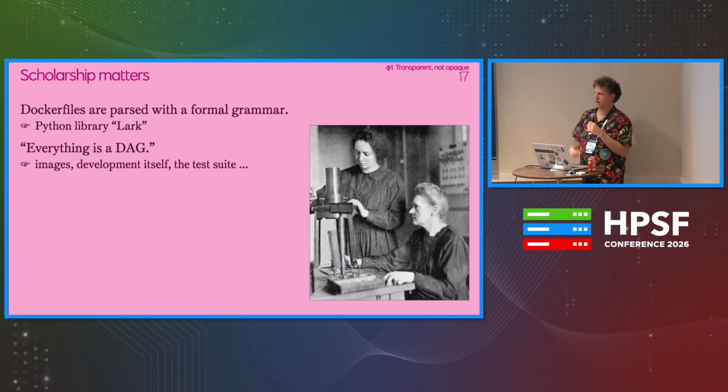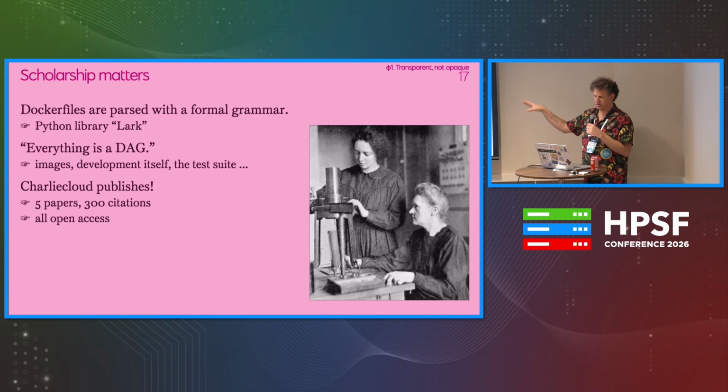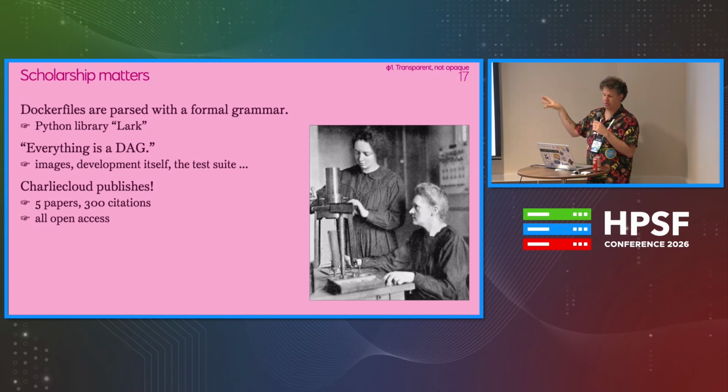Images form a DAG. Our development forms a DAG, the Git thing. The test suite, it turns out, is also a DAG. We had a student working on that. We also go in the other direction. So we publish. We have 5 papers, unless I've miscounted, with a total of 300 citations, which I think is actually pretty neat. All of these are open access.